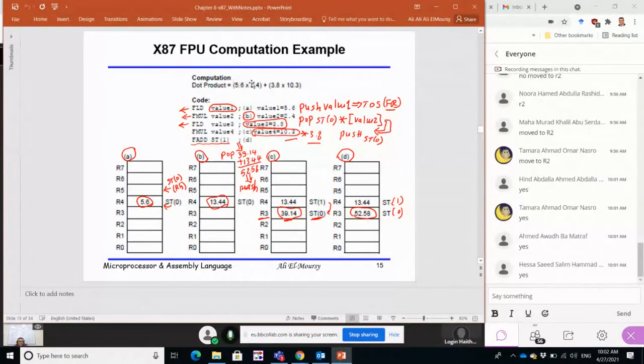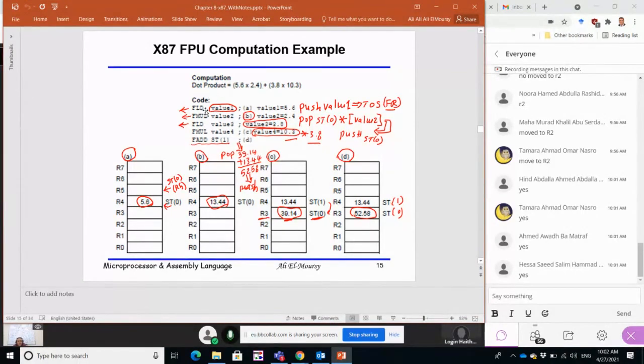Assume that these values are stored in memory in variables. I will give them the labels data 1, data 2, data 3, data 4. So how can I write a successful stack-based program in floating point to perform this operation?